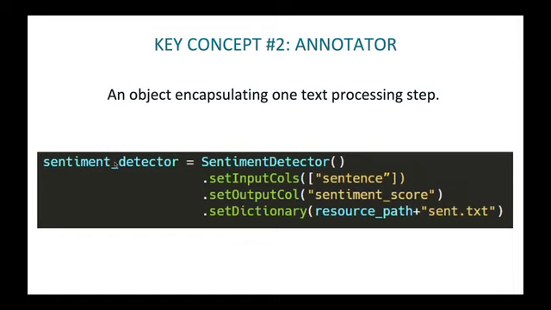The output is the sentiment score for that sentence, right? So we say create this output column within the data frame, and that's where you put your output. And then you can also do any other configuration, right? In the sentiment detector in this example, we set the dictionary, but in other cases, you can set different hyperparameters of the algorithm, which embeddings you use, stopping criteria, and so on. So that's an annotator, and an annotator is one processing step.